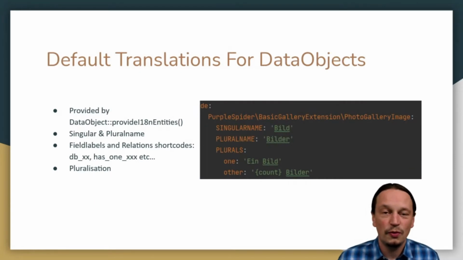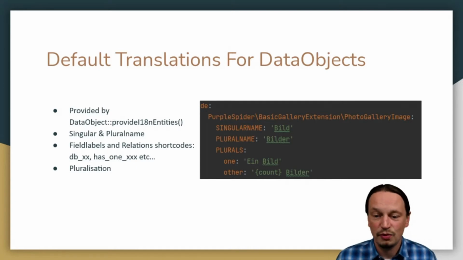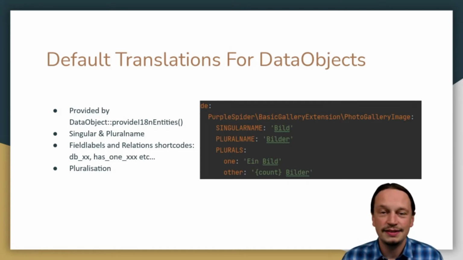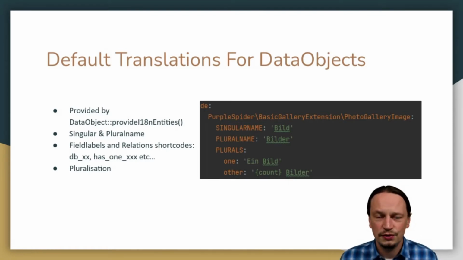As you've seen before, the provide i18n entities method provides some standard translations for data objects, and we don't have to do this in our code ourselves. And here you see actually from James' photo gallery image extension, this standard stuff.